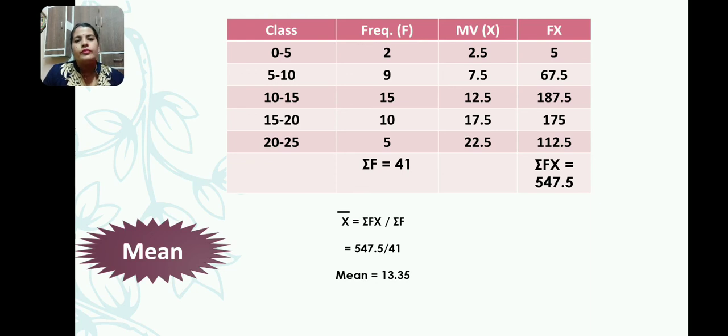By taking that difference you can make the equal classes, and after merging the classes and the frequencies, you will get equal classes, and then you can find anything from that, meaning mean, mode, median, anything. Then you will get the answer for that particular thing.